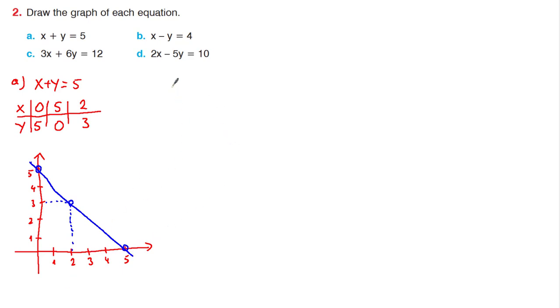Let's see under B. We have x minus y is 4. Again, we can take some points here, x and y. Let's say now we will take only 2 points. If x is 0, y would be negative 4. If y is 0, x would be 4.